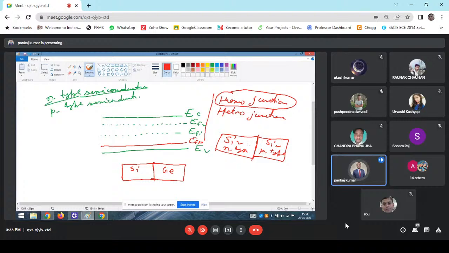So what I actually want to say is that whenever we make a junction with two different types of semiconductors, in that case also you will have a constant Fermi level throughout. Right? The Fermi level will not change. The Fermi level will remain the same until we apply any external voltage or electric field. So let us see.